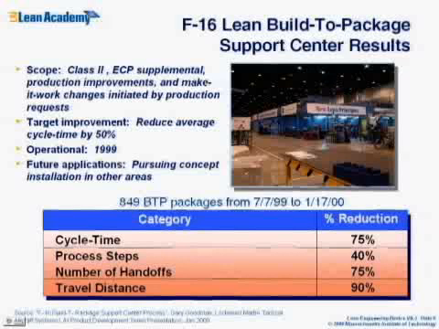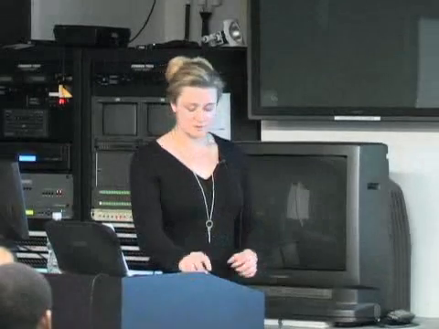Process steps were reduced by 40%, handoffs by 75%, and travel distance of the information and paperwork and so on was reduced by 90%. These are very, very real kinds of savings that can be achieved in the engineering process by the application of value stream mapping techniques.